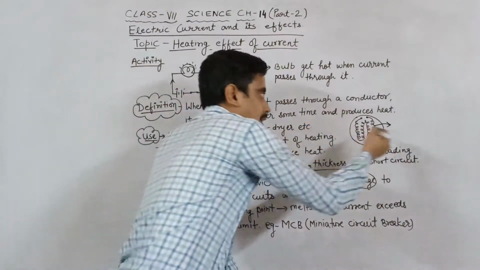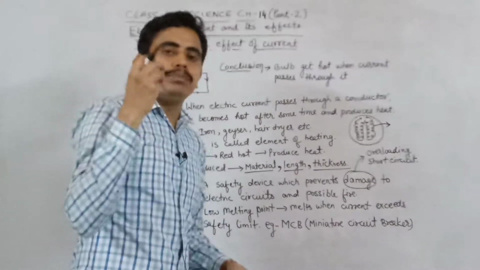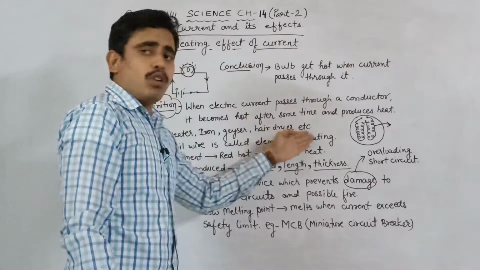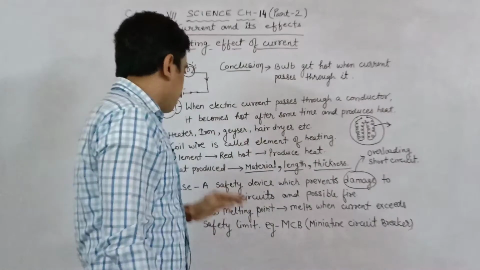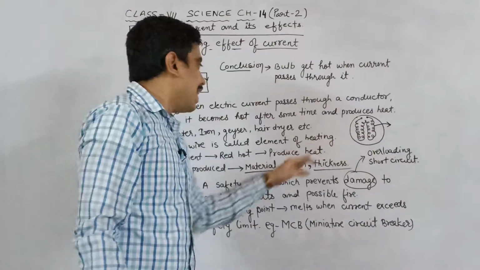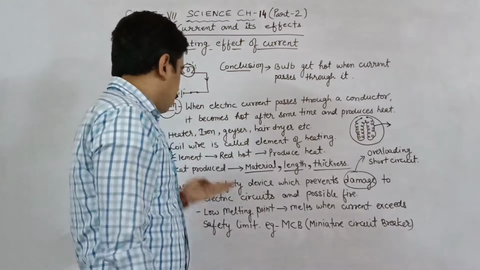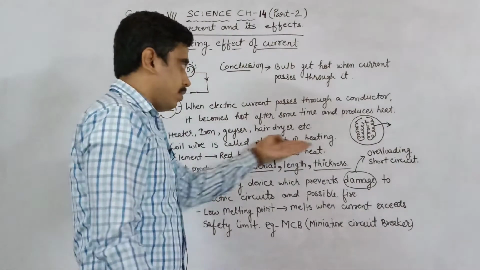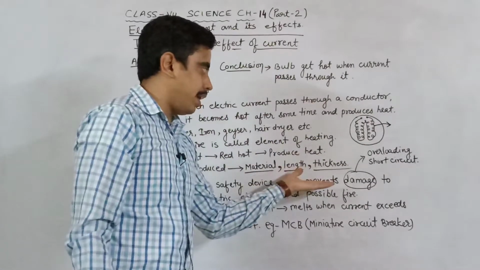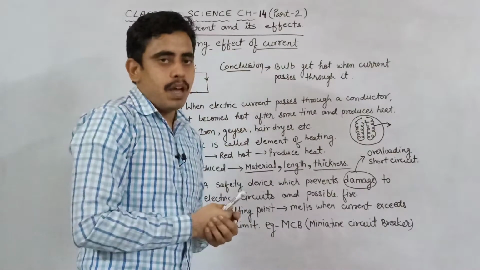This coiled wire is called the element, or heating element, of the appliance. The coil becomes red hot when electric current passes through it. This is the heating effect of electric current. Many other appliances use the same type of materials.